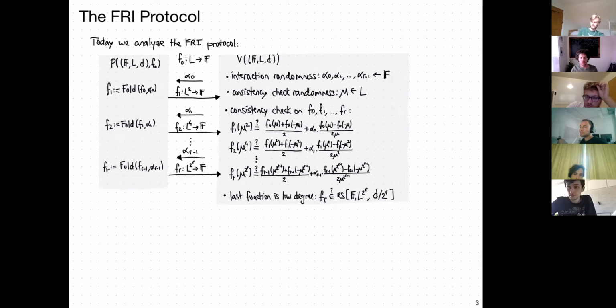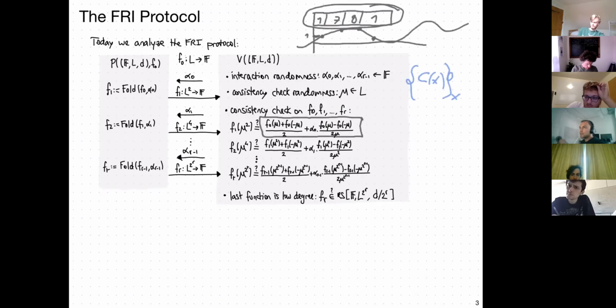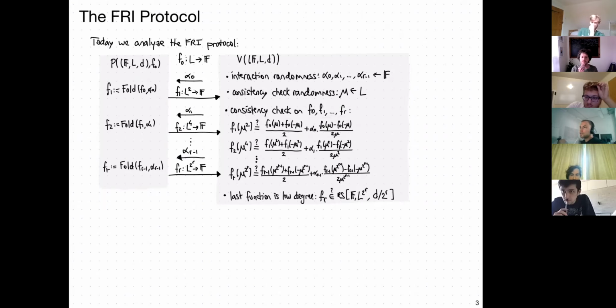Maybe it would be better to use square brackets on the verifier side, to indicate that he doesn't evaluate, he just looks at what's written in the table. Every time the verifier accesses some f on position mu, he doesn't evaluate, he just makes a lookup.